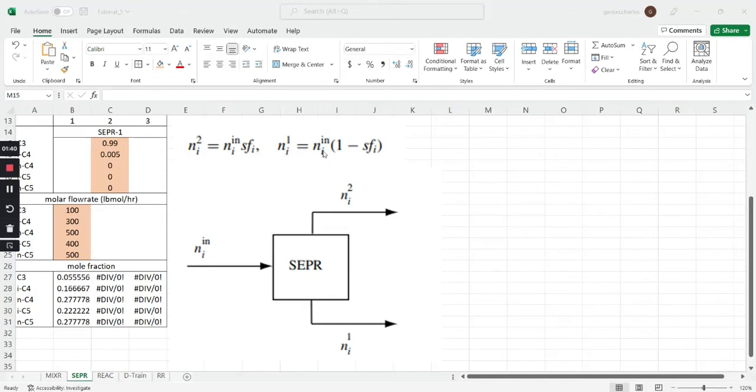So based on the governing equation, we can find the components' flow rates in the top stream easily by simply multiplying the component's flow rate into the separator by its required split fraction, which I will show now.